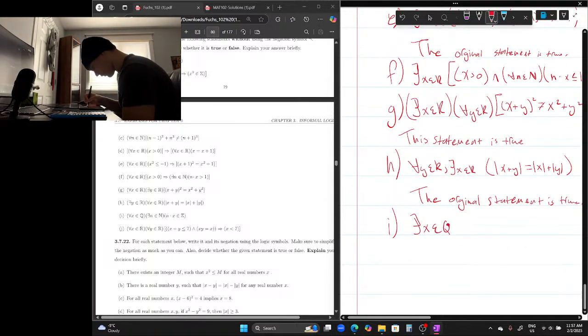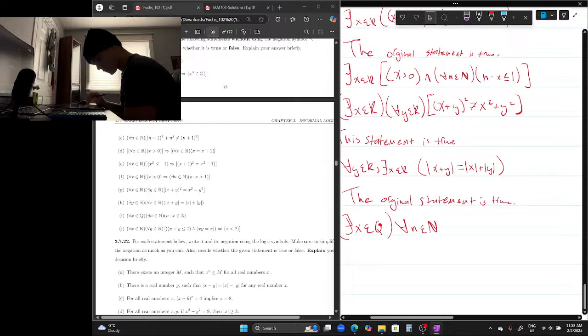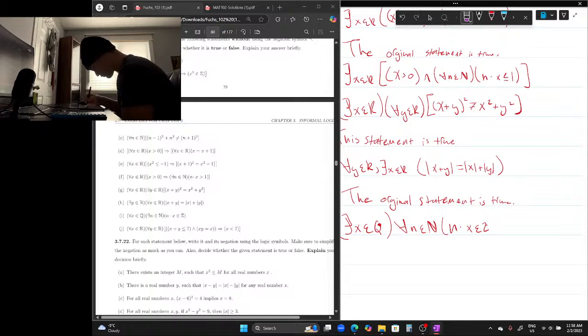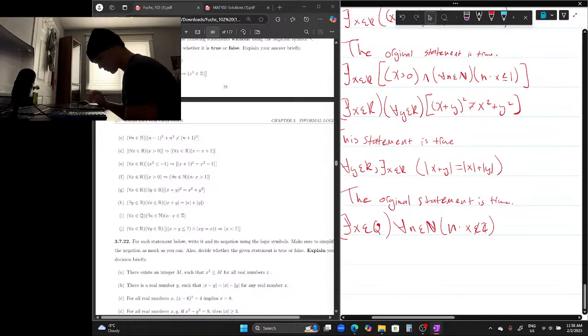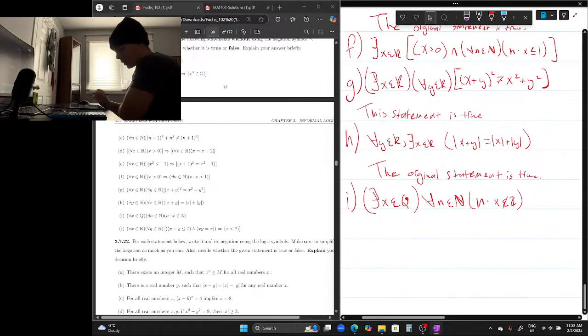There exists an x in the set of rationals, such that for all n in the set of natural numbers, n times x is not an integer.